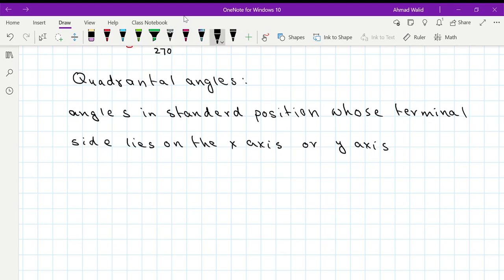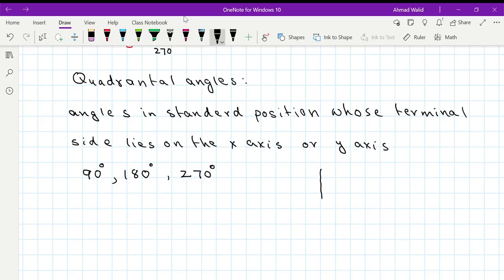A good example is 90 degrees. It's a quadrantal angle. 180 degrees, we call it a quadrantal angle. 270, it's a quadrantal angle.